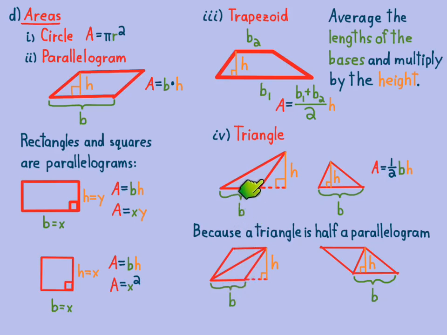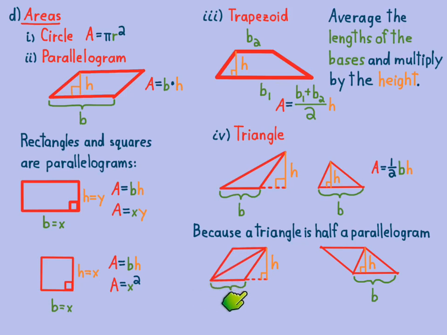I copied and pasted it, but it's hard to paste it the same size because you have to drag it, and it became kind of smaller. And then I had to flip it over and put it next to the other. So if you cut this out of cardboard and made 2 copies of it, you could flip one over and put it next to it and you'd see you get this parallelogram.